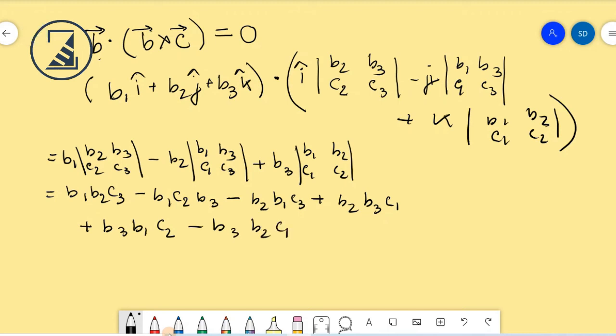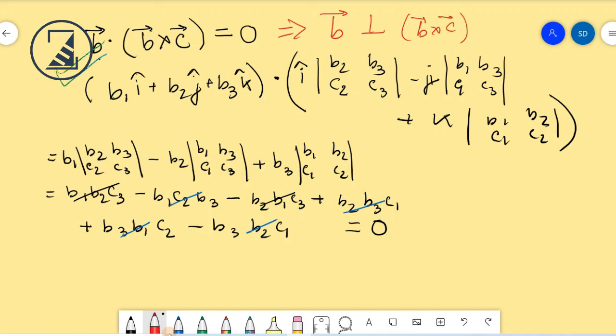Let's now cancel out B1 B2 C3; this cancels out. B1 C2 B3 cancels out with this thing, and B2 B3 C1 cancels out with this thing, and we have exactly 0. So we have proved that this is 0, which implies B vector is perpendicular to B cross C.